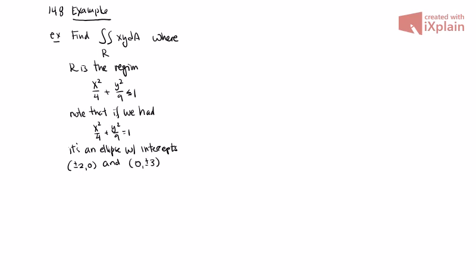So our R is also an ellipse, it's just filled in. If we drew a picture of it, it would look like this: 3 in the y direction, 2 in the x direction. This is not exactly drawn to scale, that's okay.